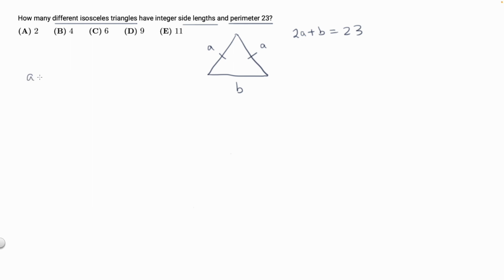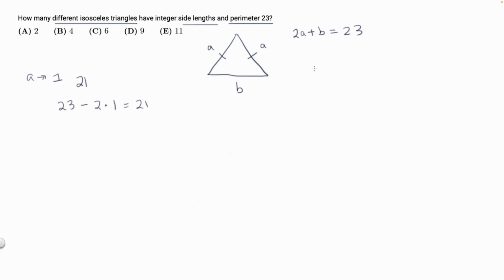So if A is 1, then B would have to be 21, because since the perimeter was 23, we are subtracting 2 times 1. So B has to be 21.